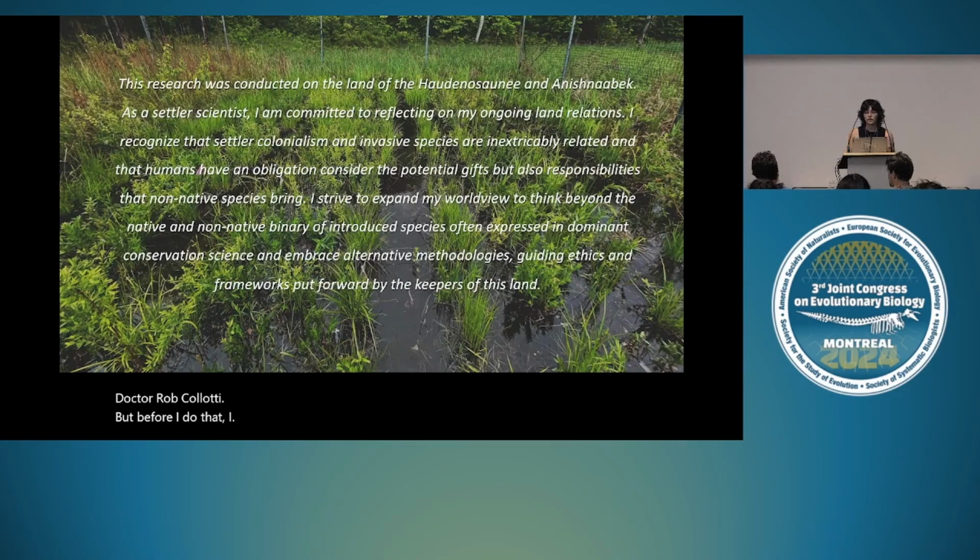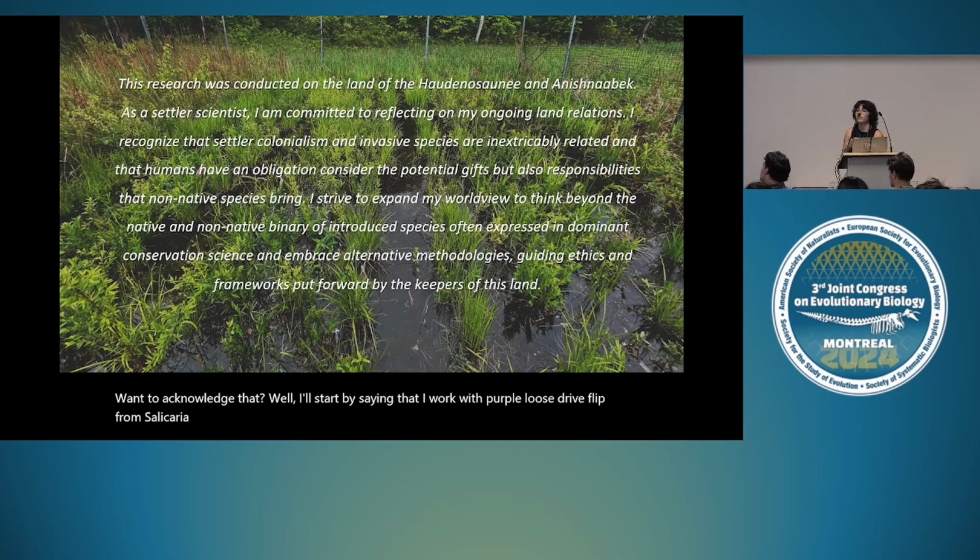But before I do that, I want to acknowledge that I work with purple loosestrife, Lythrum salicaria, which is introduced to North America. So whenever I give a talk about purple loosestrife, I like to acknowledge that this research was conducted on the land of the Haudenosaunee and Anishinaabe.